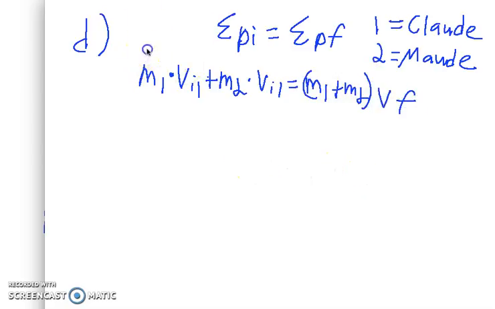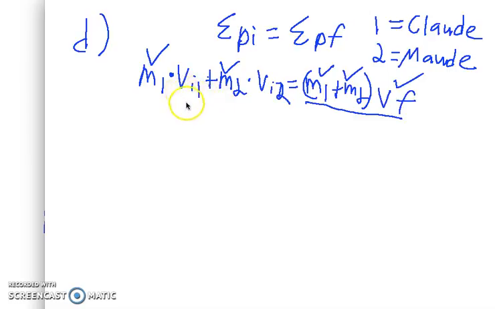We know their masses, which is straightforward to plug in. We know their final velocity from part A, or really we know this whole side is 960 from the problem statement. The only thing to think about is the velocities. Sorry, this should be initial velocity 2.